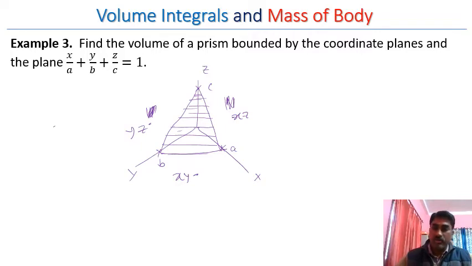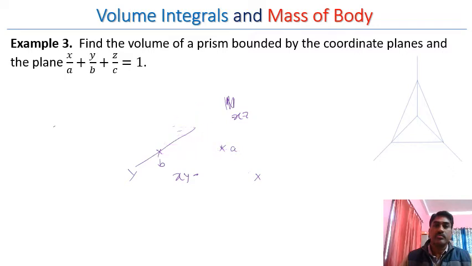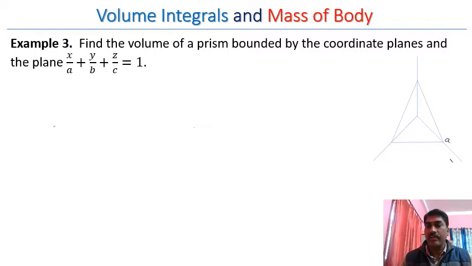So I have also drawn this in the 3D figure. So this is the shape that I have described here. So suppose this is some point A, and this is x-axis, this is y-axis, this is z-axis.